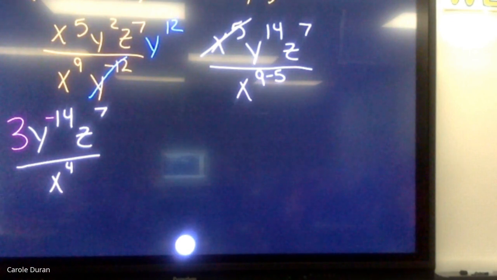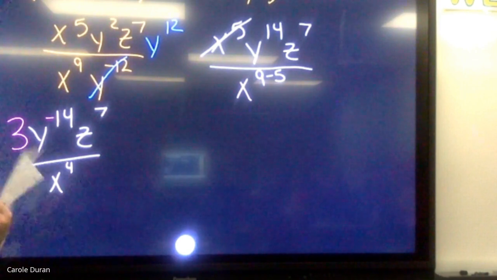Okay? I think we're pretty decent on those, so we're going to move into degrees of polynomials and then simplifying them.